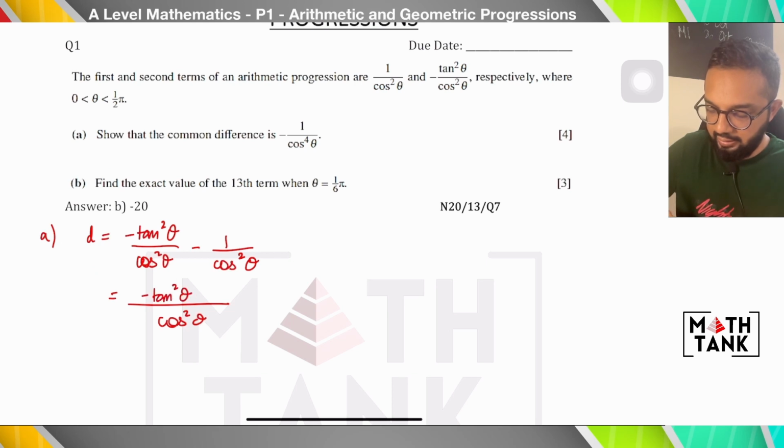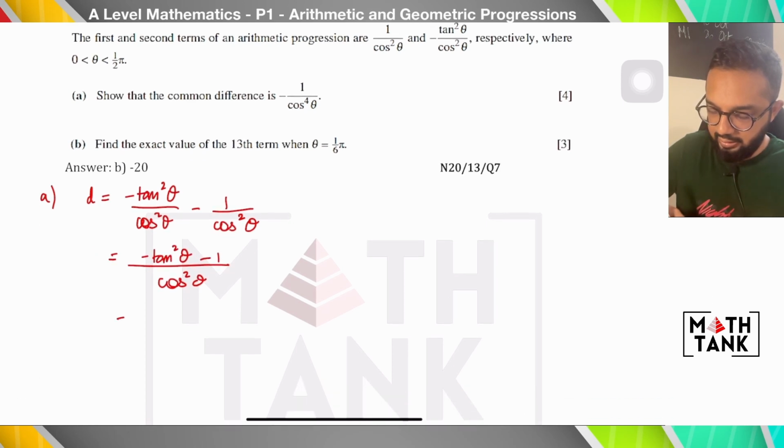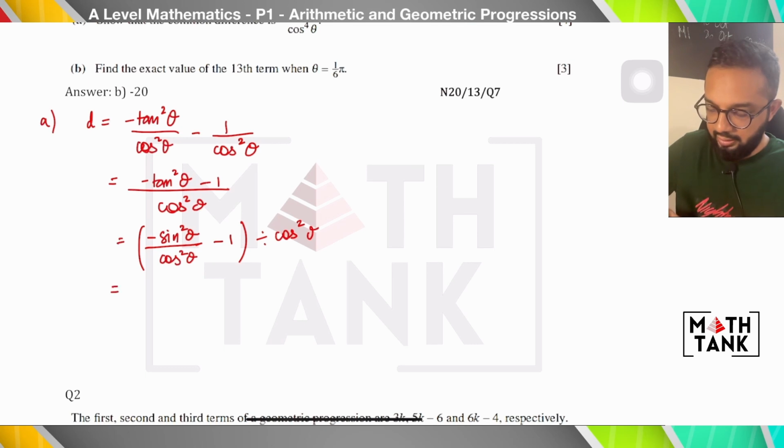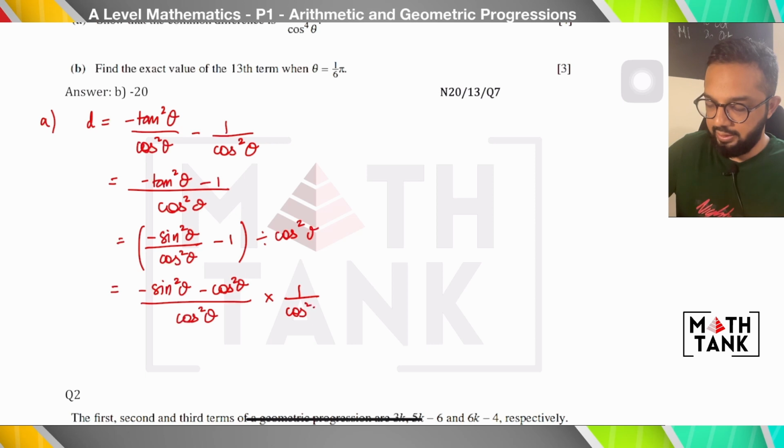So the numerator becomes minus sine square theta over cos square theta minus 1 divided by cos square theta. This becomes minus sine square theta minus cos square theta, because I take a common denominator and change this to a multiply. That gives me minus 1.